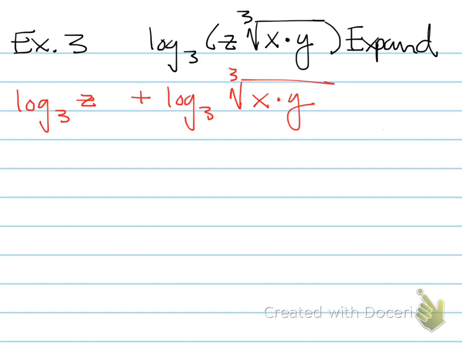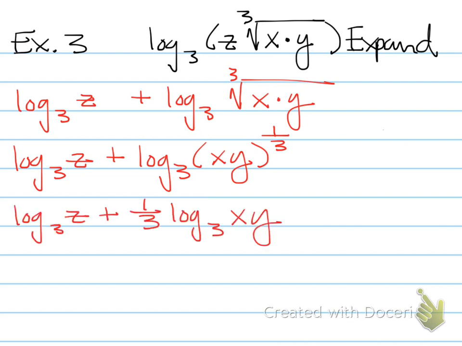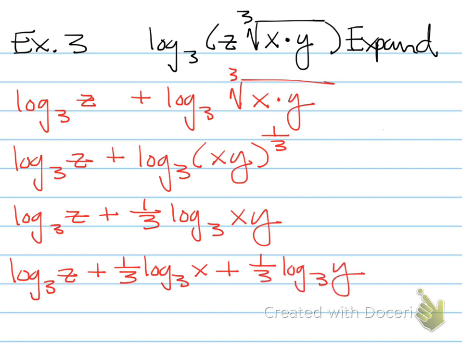And then again, we can rewrite the cube root of xy as parenthesis xy to the 1/3 power, and then we can just bring that exponent down in front of that logarithm, and then we just want to write that whole logarithm over 3.